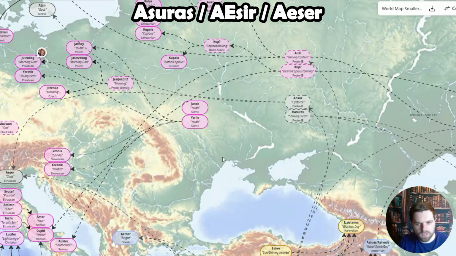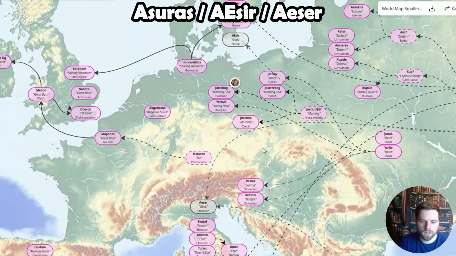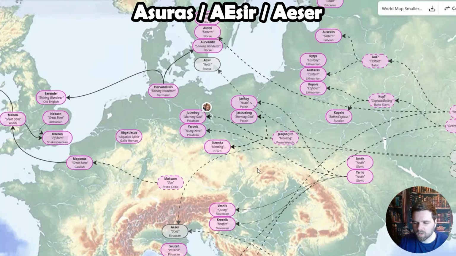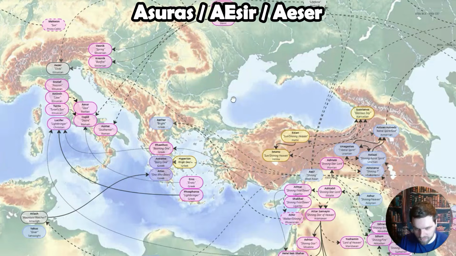If the Asuras did not come from Proto-Indo-European, then how do we get the Aesir in the Norse? Well, that's a whole episode unto itself, but long story short, my hypothesis is that the name for these Shining Ones gods is a Neolithic name.